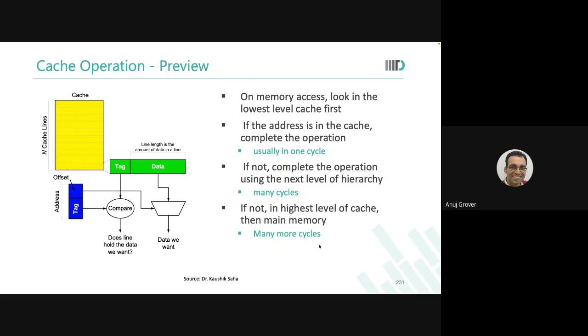What's the difference between coherence and inclusion? Inclusion means that when I have retrieved address number 48 from the main memory, and that address number 48 is available in L1 cache, then address 48 has to be made available in L2 cache and L3 cache also.